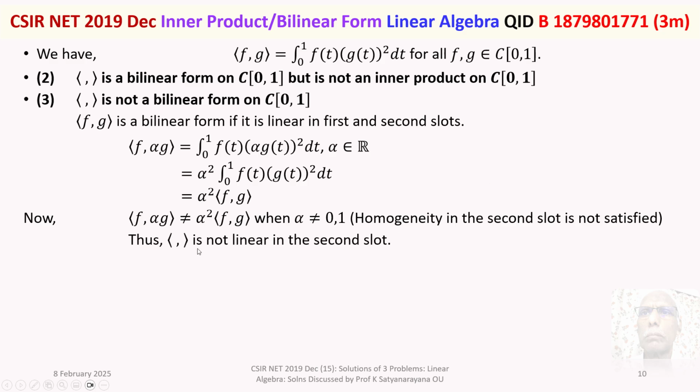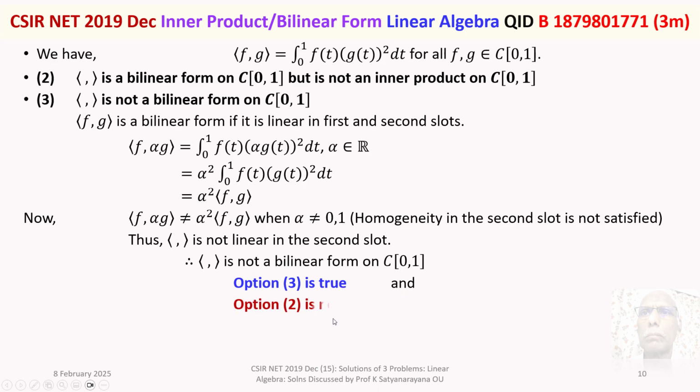So, the bracket is not linear in the second slot. Therefore, the bracket will not define a bilinear form. It is not a bilinear form on C01. So, option 3 is true. It is not a bilinear transformation. Option 3 is true. And option 2 is not true. The answer to this question is option 3.